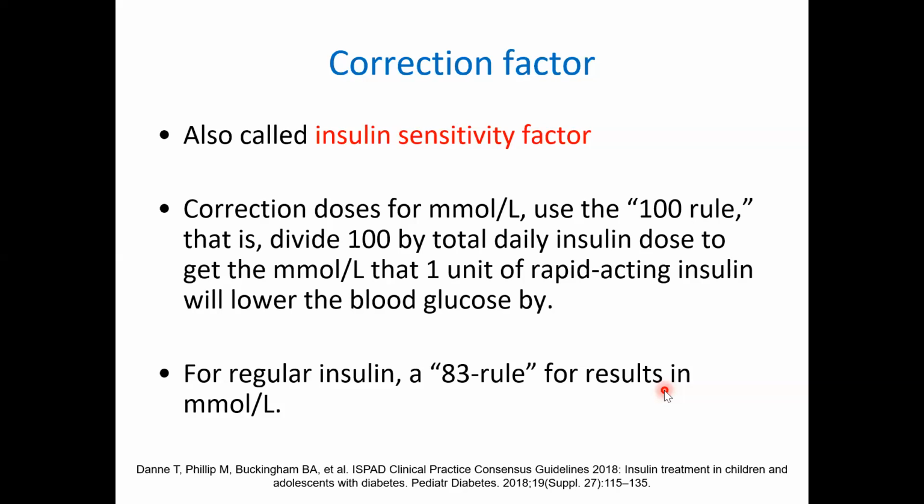So if your patient is on fixed dose insulin, normally your insulin is supposed to take care of the meal they're taking. That is the bolus insulin, okay? For example, if a patient is on regular insulin 3 units before lunch, that is supposed to take care of the meal, assuming that the blood glucose is within target of 4 to 10. However, if the blood glucose is higher than that before the meal, it means that 3 units is not going to be adequate.